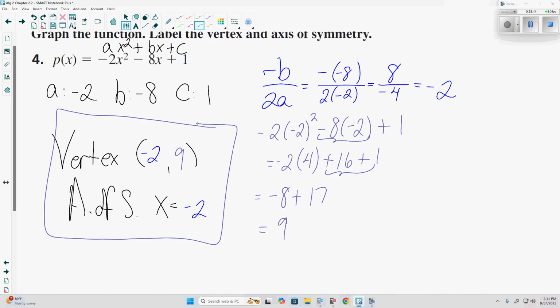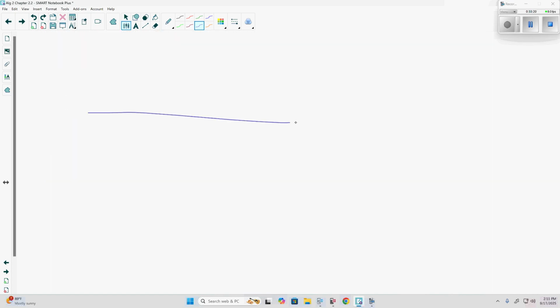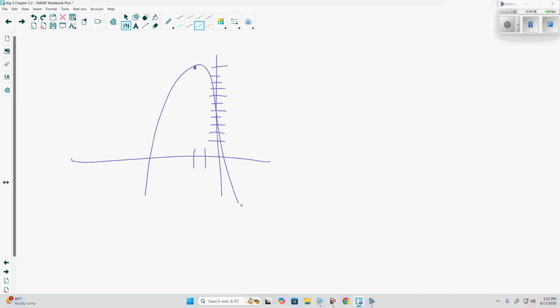And because of that, it's not going to cross the x-axis, which means this does not have any real solutions. Let's see here, because it was, no, it does. I'm looking at the other direction. Because it'd be -2, 3, 4, 5, 6, 7, 8, 9. So this would be the point here, and it would open down.